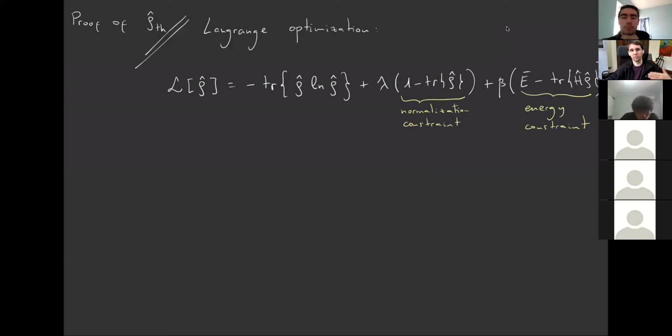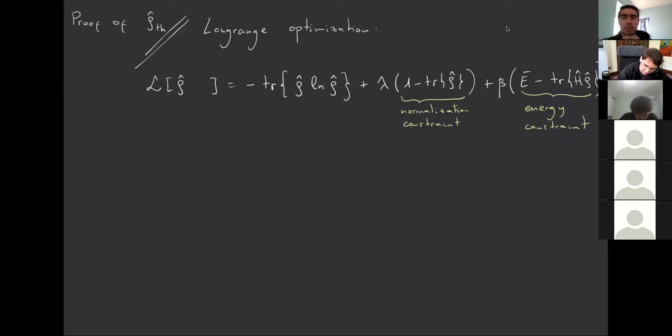And then Lagrange optimization, what you do is simply you make a variation of the Lagrange functional, which now doesn't depend only on the state rho, which is the variable that we want to optimize, but also on the Lagrange multipliers. So let me just write it here.